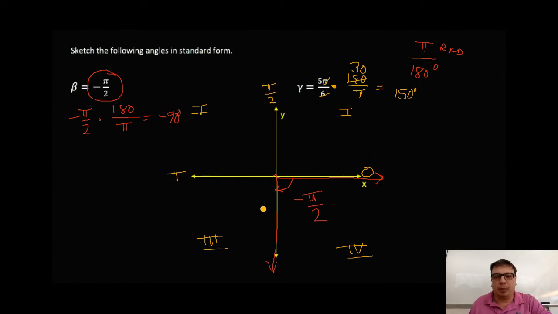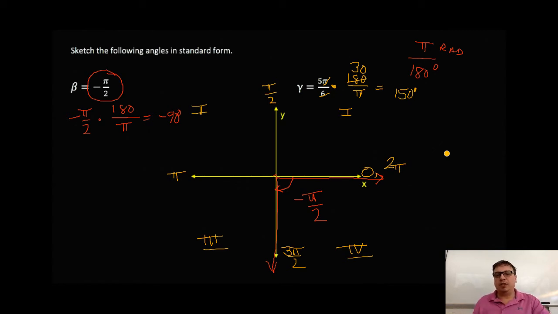If I go another pi over 2, that brings this to 3 pi over 2. So now this is the radian conversion of 90 degrees, 180 degrees, 270 degrees. And then if I make my whole rotation all the way around, which would be a 360 degree revolution, that's 2 pi. Now all of this is in the lesson notes that we've gone through.